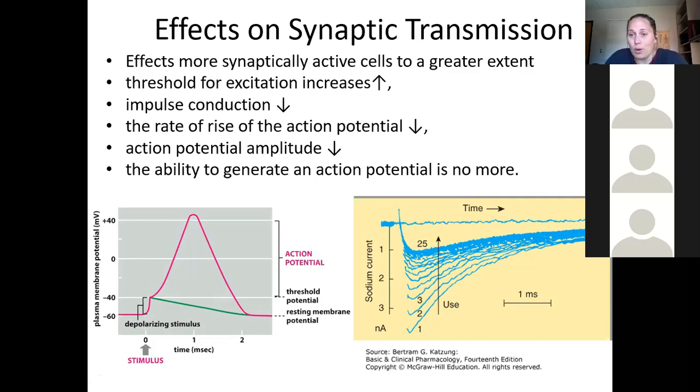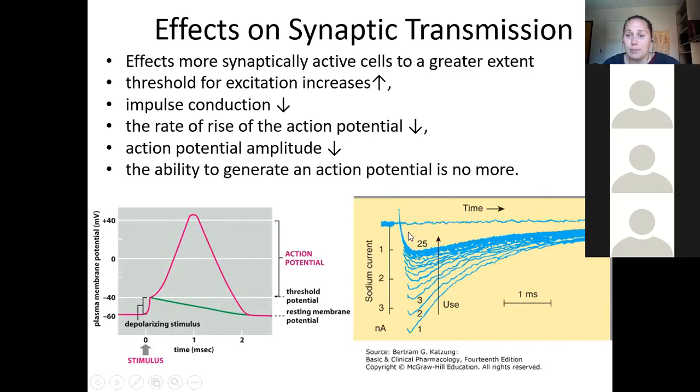It's going to require more sodium to influx in order for the threshold to be reached. Your impulse conduction is going to go down. The rate of rise of the action potential is going to decrease, because you've got fewer sodium ions fluxing in. The action potential amplitude is going to decrease as well. And eventually the ability to generate an action potential is no longer a possibility.